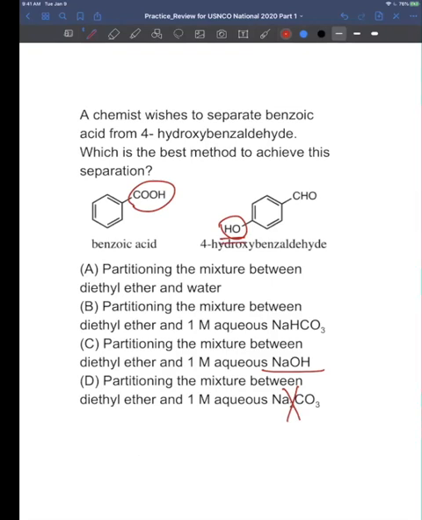The phenol has a pKa of 10, and this one corresponds to the pKa2 of carbonic acid, which is around 11. So the phenol is strong enough to protonate the carbonate and change it into bicarbonate, and then itself will be deprotonated, turned into the phenolate, right? And then you still cannot separate them.